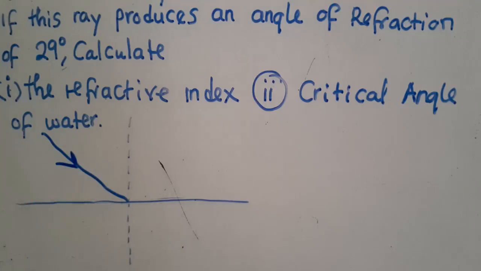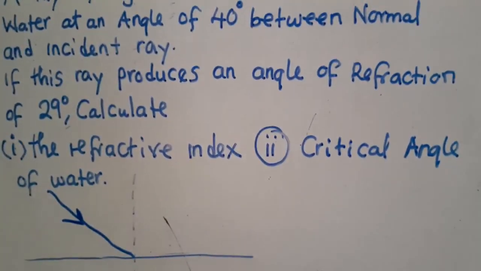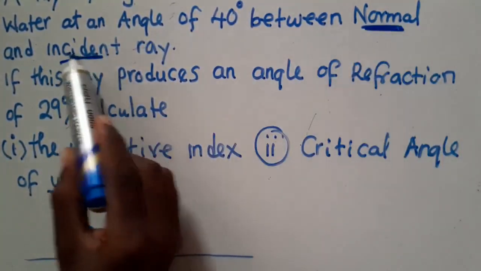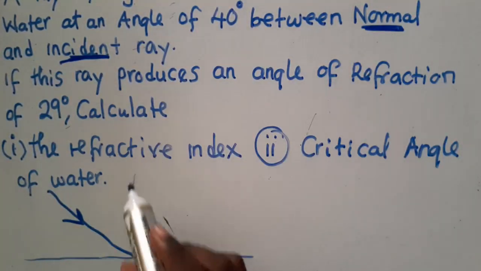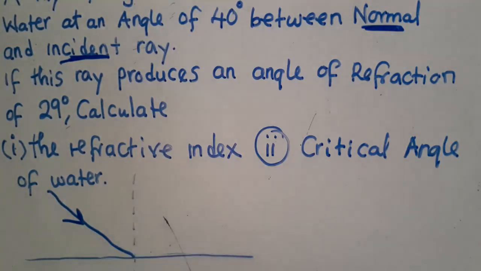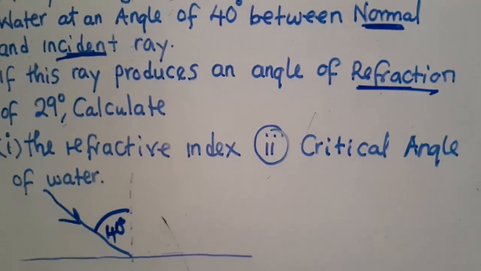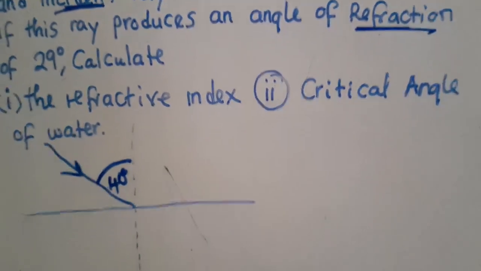The question is saying an angle of 40 degrees between the normal and the incident ray. So you know that this is the normal, and this is the incident ray. So an angle is there, which is 40 degrees. And an angle of refraction, which is 29 degrees.